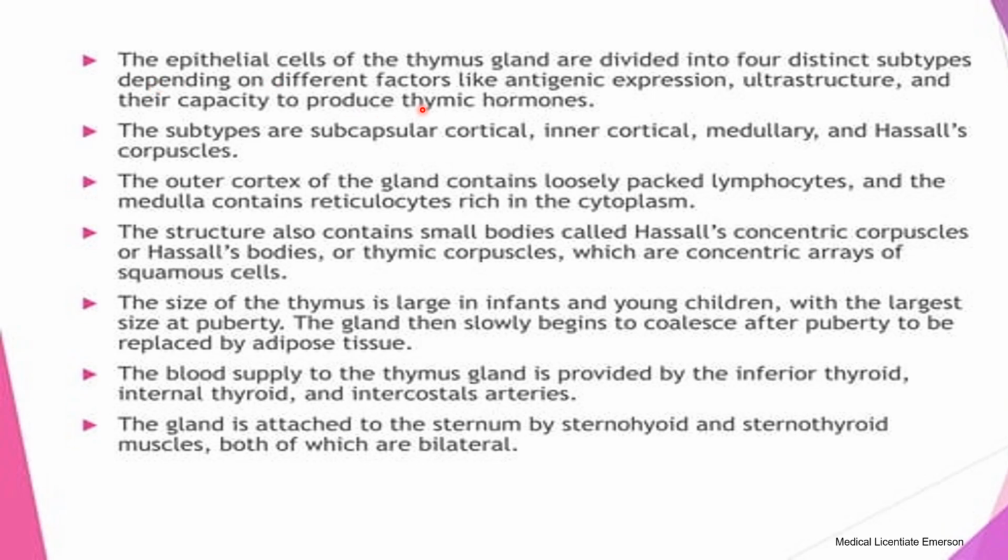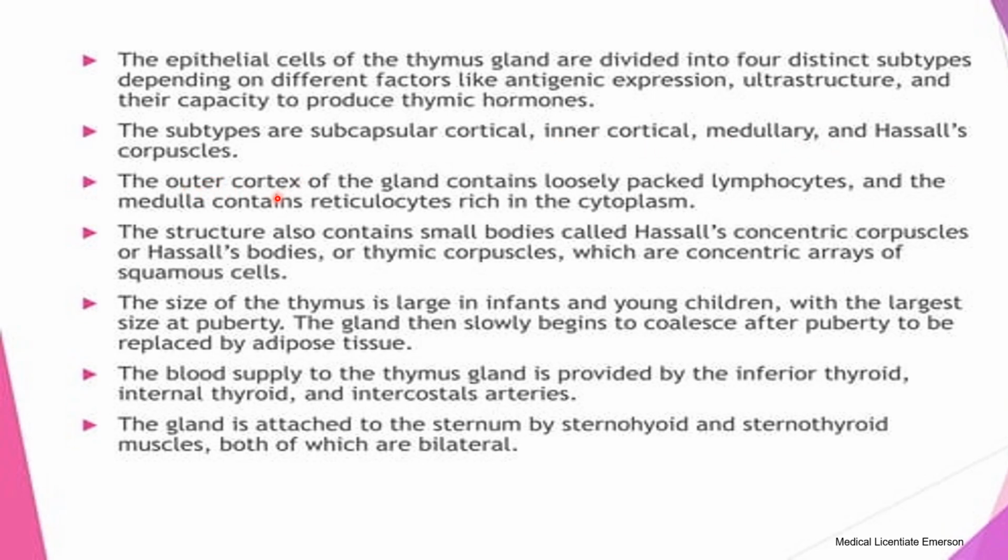Then the epithelial cells of the thymus gland are divided into four distinct subtypes depending on different factors like antigenic expression, outer structure, and their capacity to produce thymic hormones. The subtypes are subcapsular cortical, inner cortical, medullary, and perivascular.